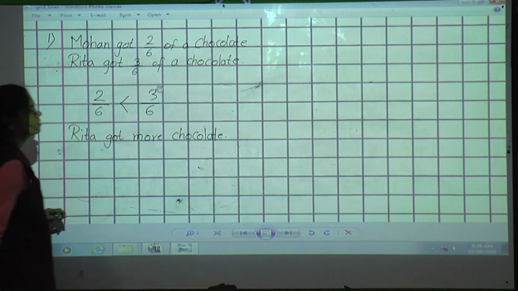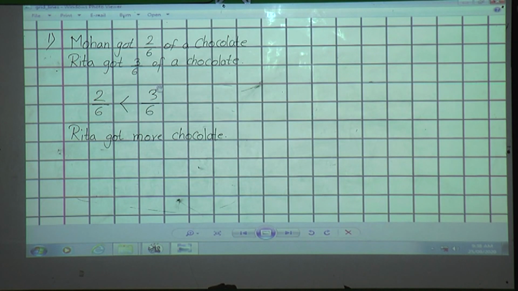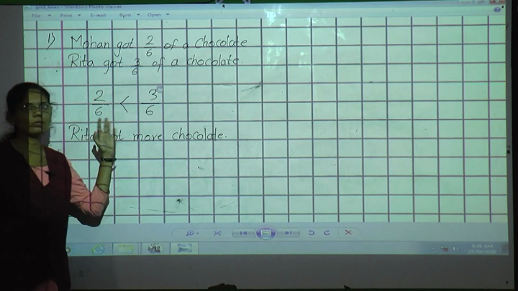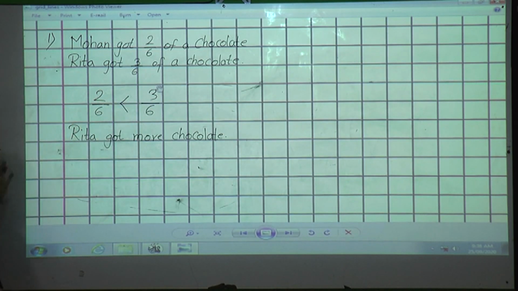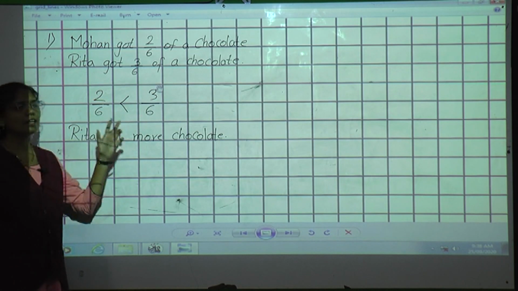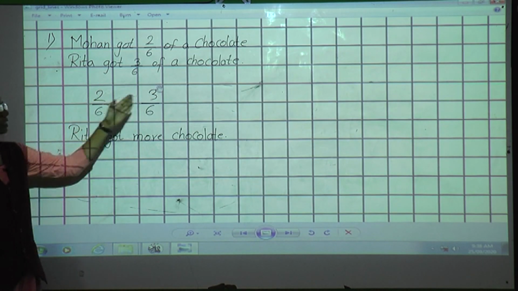Yes, see what they had given us. Mohan got 2/6 of a chocolate and Rita got 3/6 of a chocolate, and our question was, who got more chocolate? So for that we have to do the comparison of the given fractions. These two fractions are like fractions, so we will see only the numerator.